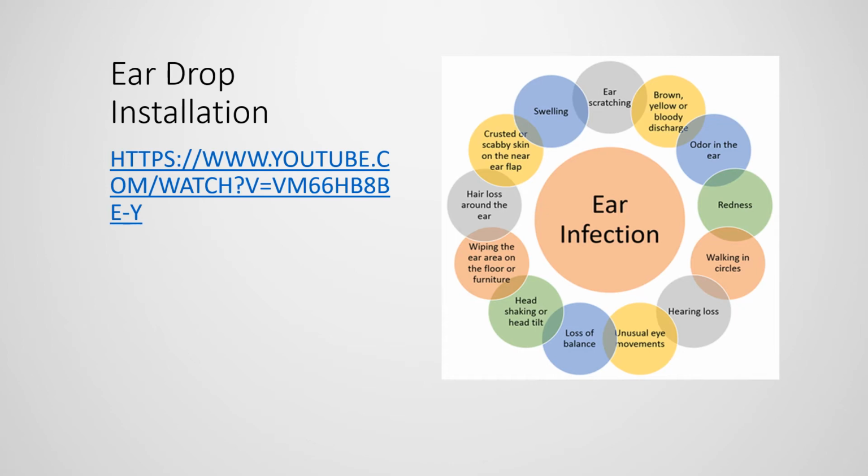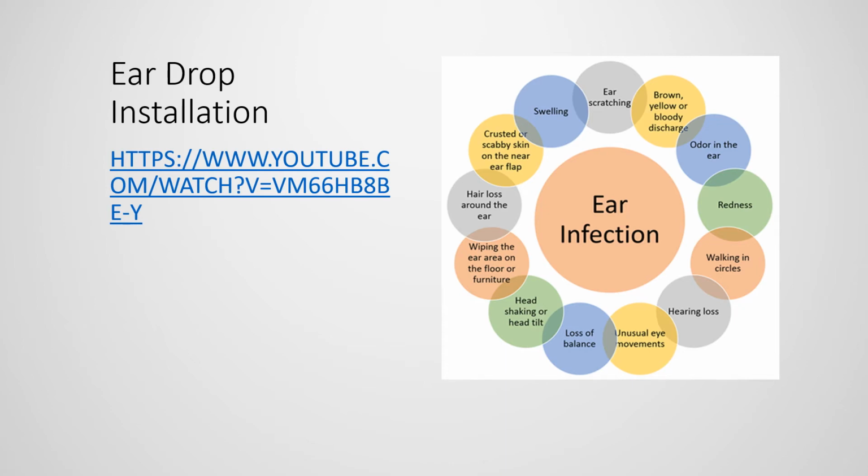Walking in circles, that's usually a labyrinth problem, so the vestibular system. On the previous diagram, the vestibular system is responsible for balance. So if you have a disturbance in the vestibular system, such as labyrinthitis or Meniere's disease, you can be very off balance. I don't know if you'd walk in circles, but you'd be off balance.